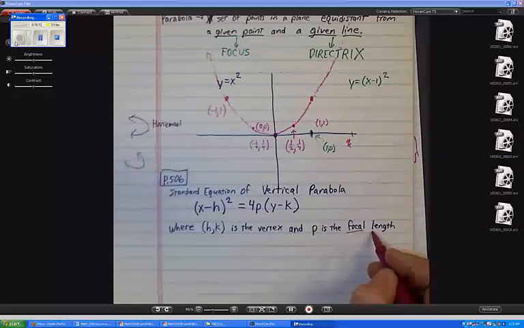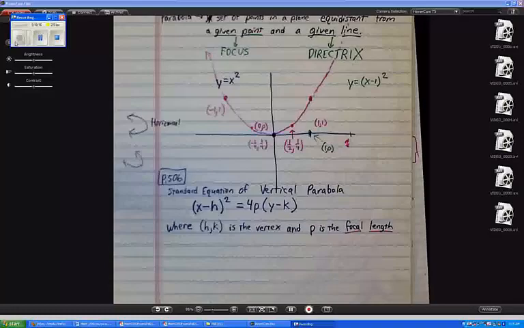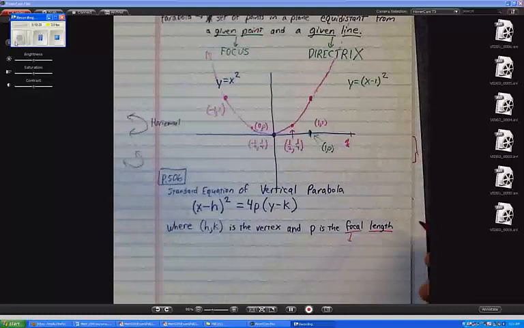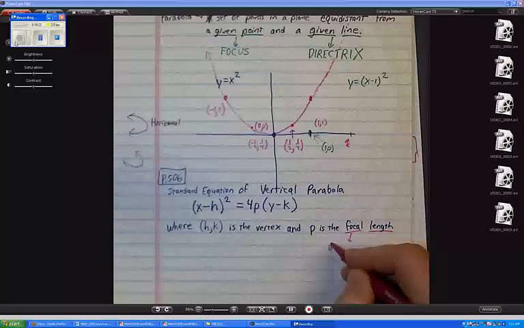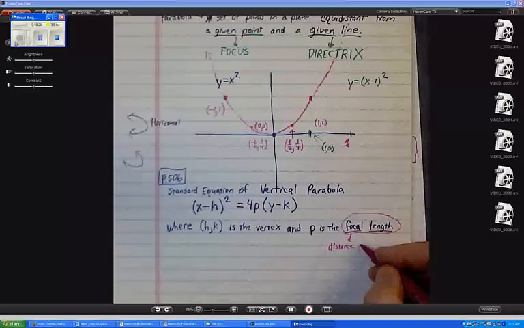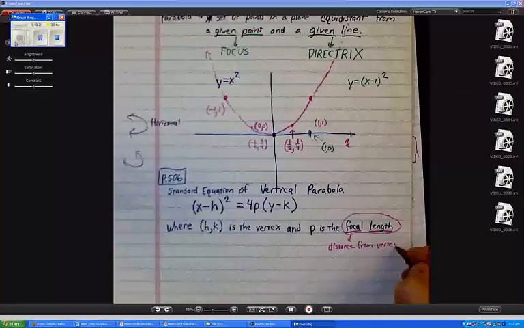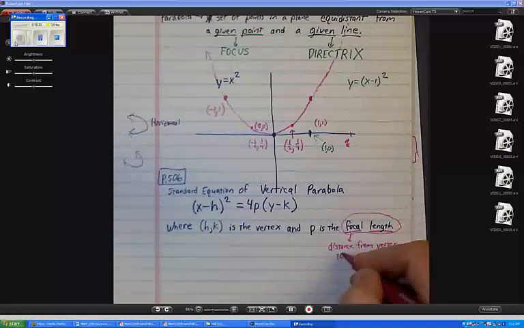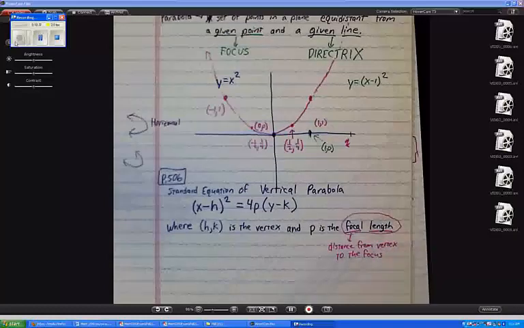Man, I told you guys we're going to get technical today. A lot of definitions, things you haven't heard of before. The focal length is not difficult. It's just the distance from the vertex to the focus. That's the focal length.